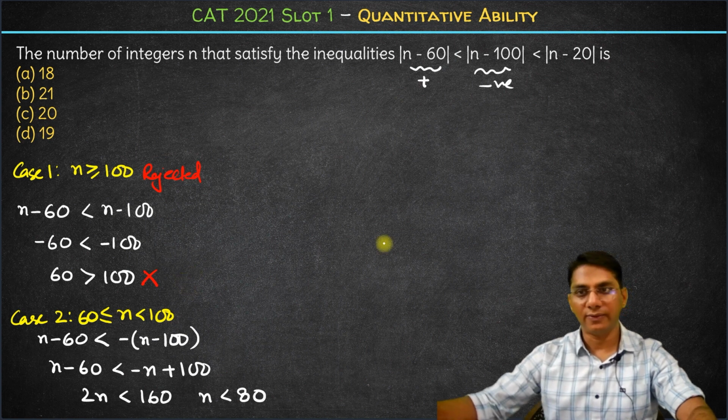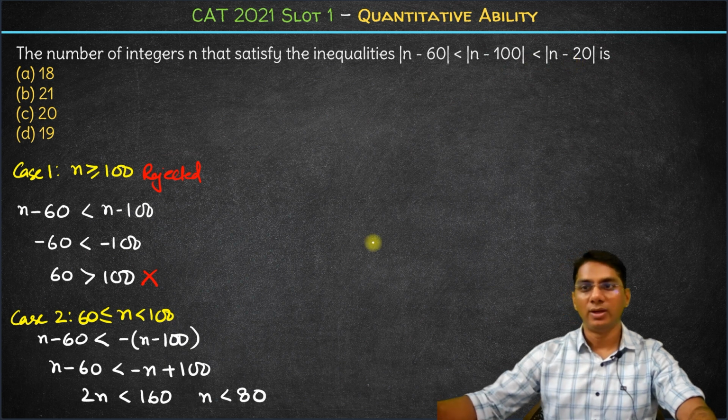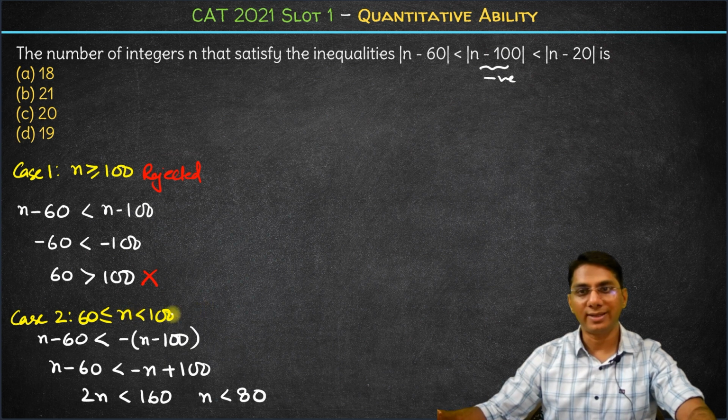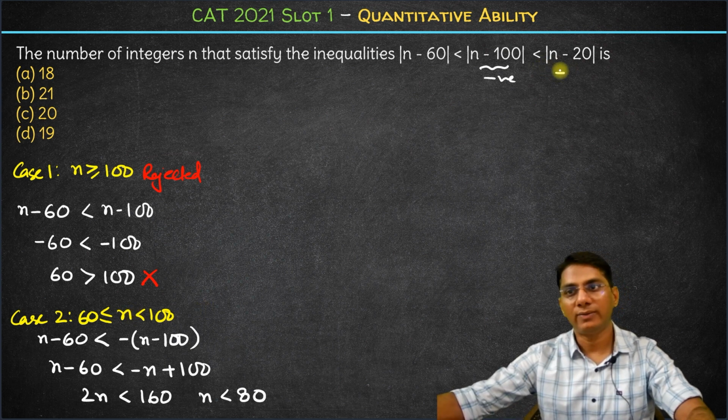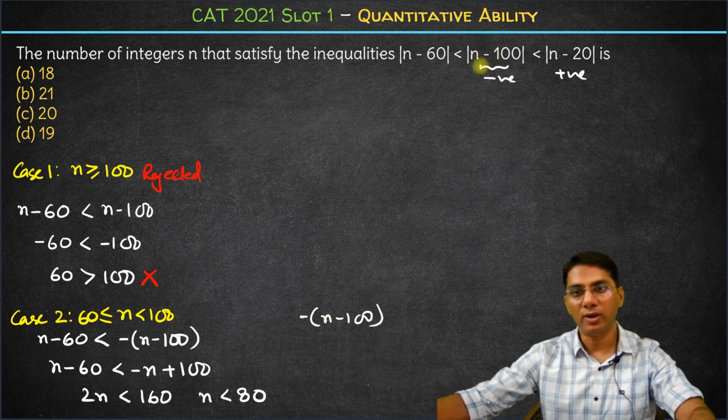And for this case, if we solve the second inequality, where mod of n minus 100 is less than mod of n minus 20. So this obviously is negative, and if n is between 60 and 100, n minus 20 will be positive. So we have minus (n minus 100). If we remove the mod, we'll have to put a minus sign here.